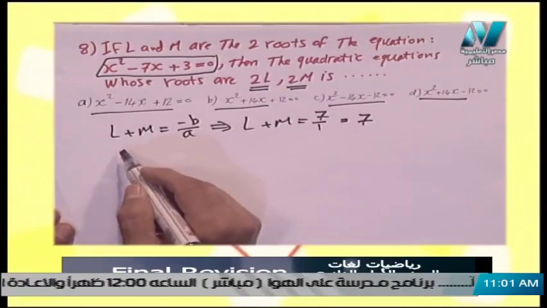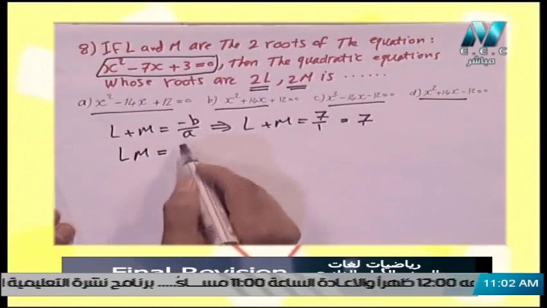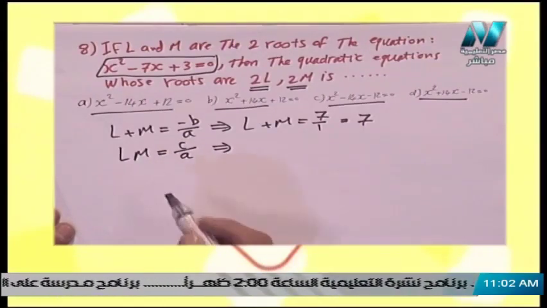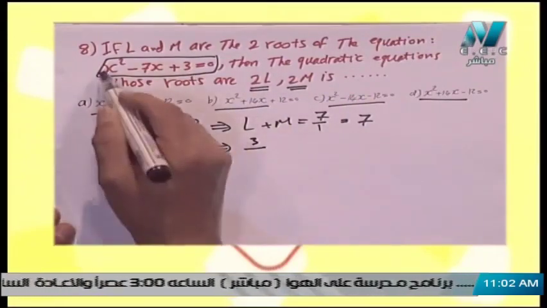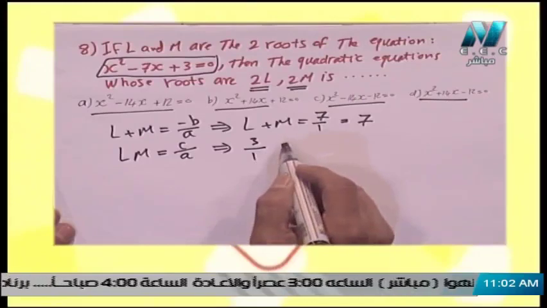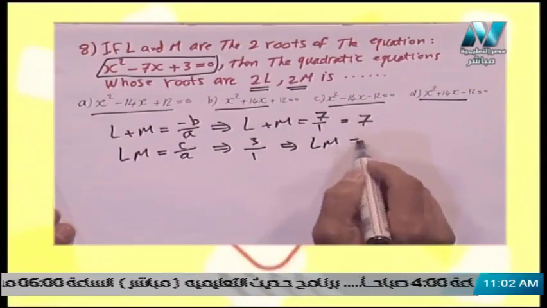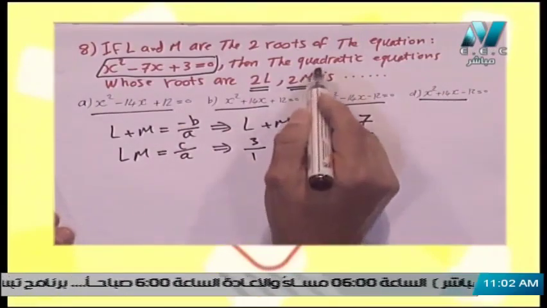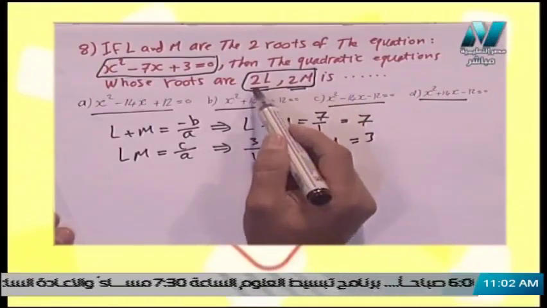And we have the product of the two roots, LM equals c over a. C is 3 over a, which is 1. So LM equals 3.